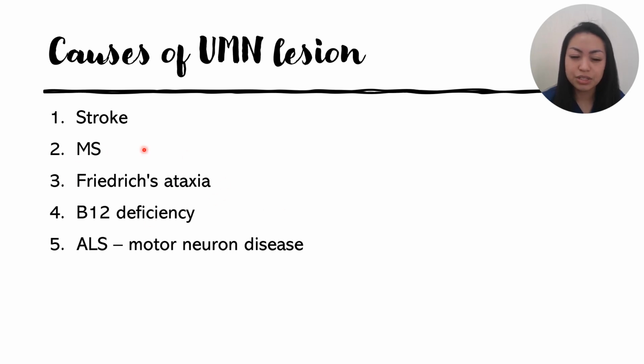So these conditions would demyelinate the axons. And last but not least, we can have ALS. This is a motor neuron disease, and it's damage to the motor neurons because of the accumulation of free radicals.